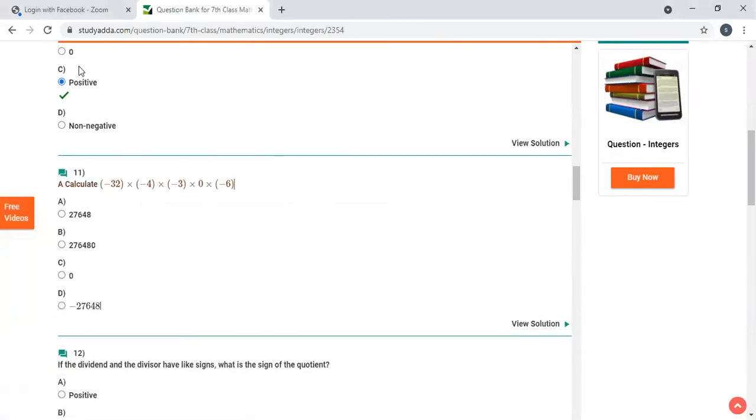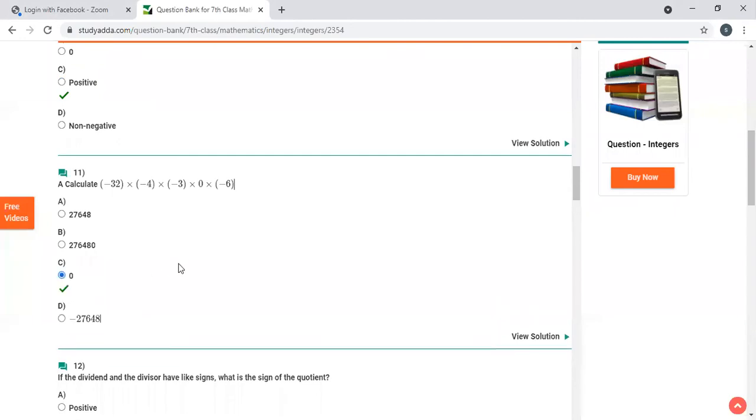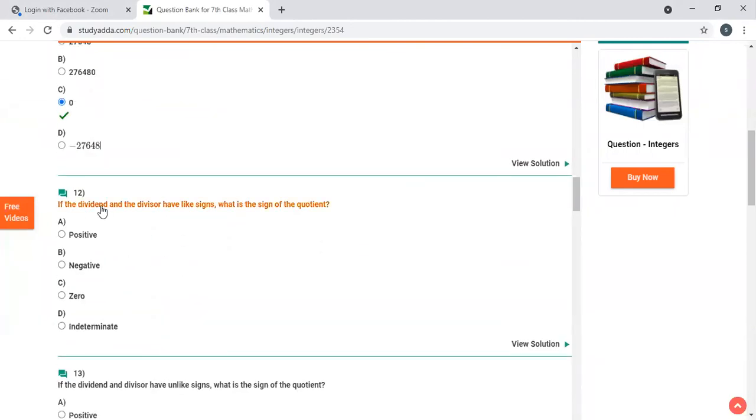Calculate this. When you multiply any number, if you multiply 2, 3, 5, 6 with 0, the answer will always be 0. If the dividend and the divisor have like sign, both are negative, then what will be the sign of the quotient? Yes, Drishti?